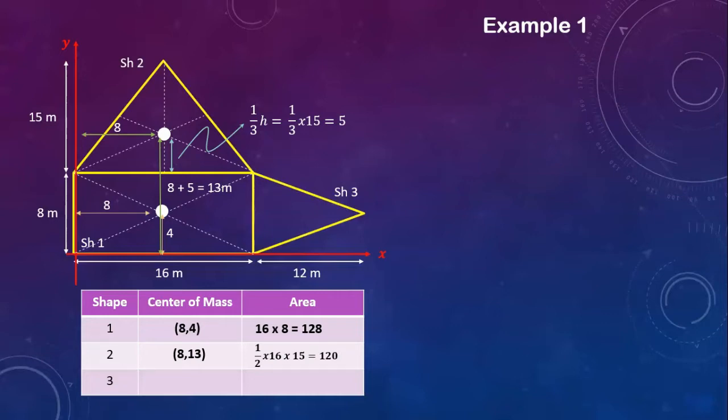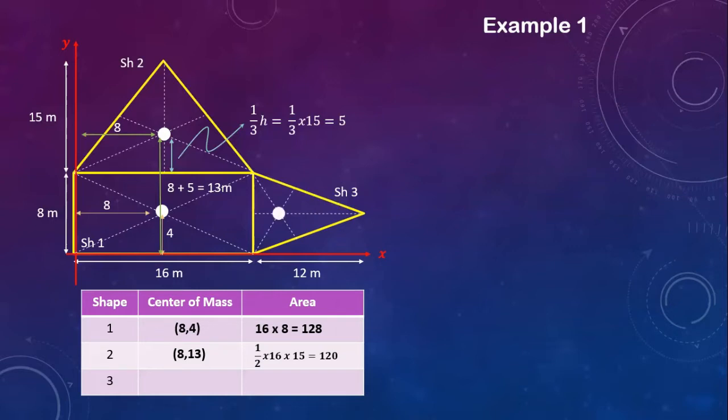Very good. Now we go to the third shape. We find this shape is a triangle as well, right? By using the same method, the intersection of the lines is the center of mass.